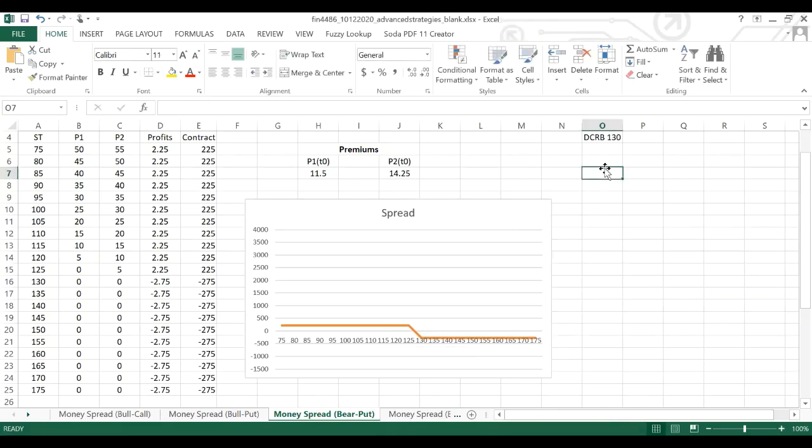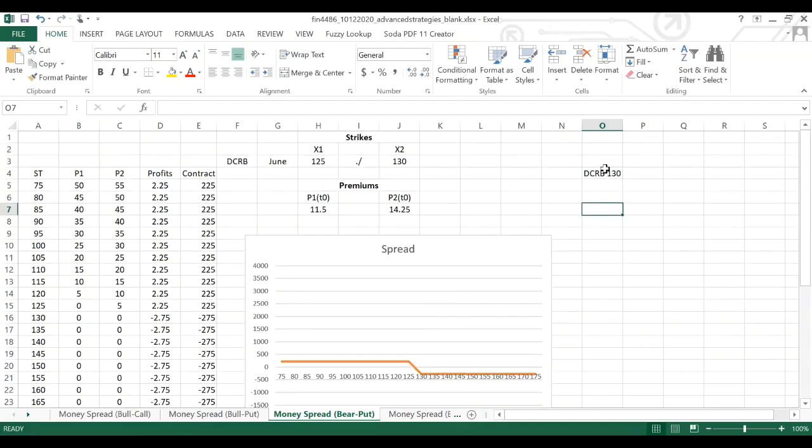Now, in the book, your figure also includes, just like in the case of the bull spreads, what happens if I had only invested in that put option that has the strike of 130. So if you want to test that, you're buying the put option that has the high strike.